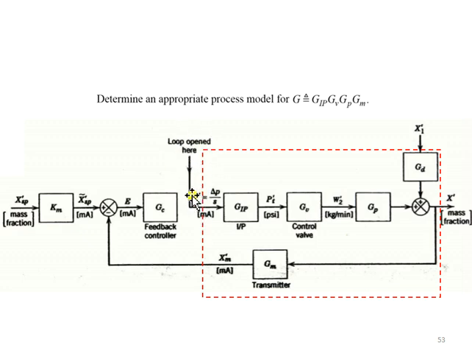So we can manipulate the controller output here, and it will affect the rest of the process, GIP, GV, GP, and also GM. And the feedback from GM will be fed to the controller.